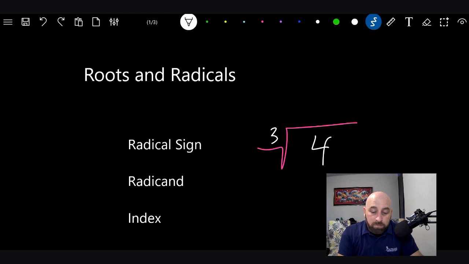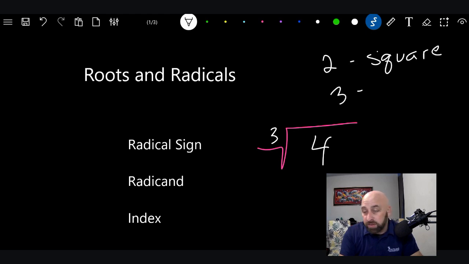Now, what do we call this when there's a 3 here? We call that a cube root. So the 2 is the square root. The 3, for the index, is called the cube root. And then if there's a 4 in there, we call it 4th root, 5th root, 6th root, 7th root.